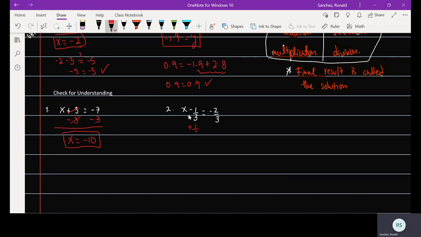That will be to add 1/3 to both sides. So I'm going to add 1/3 on both sides. And that gives me x is equal to negative 2/3 plus 1/3. Well, negative 2 plus 1, that is just negative 1. And I keep the same denominator. So that gives me negative 1/3.